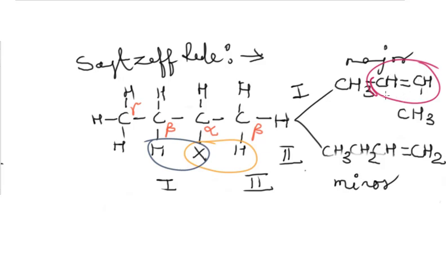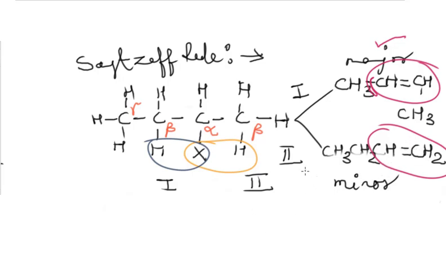So according to the Saytzeff rule, the double bonded carbon atom which contains the lesser number of hydrogen atoms is considered as the major or the stable product, whereas let us count the number of hydrogen atoms here. Now this is again the double bonded carbon atom. Now it has 2 plus 1 is equal to 3 hydrogen atoms. So it becomes the minor product.